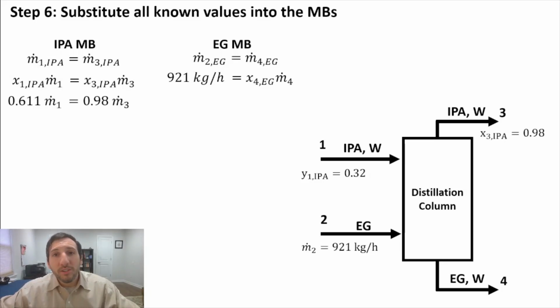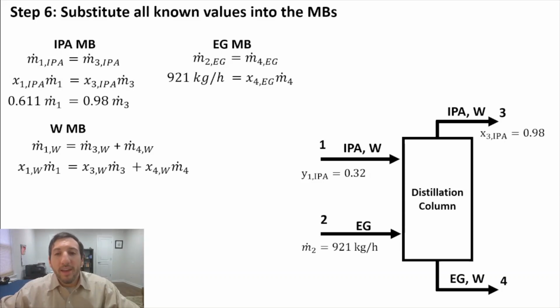So we're going to move on to our water material balance. We're going to change it into mass fractions and mass flow rates, and substitute in what we know, which are a couple of mass fractions. As you see in this material balance, again, we have a lot of unknown terms and only one equation, so we don't have enough information here.